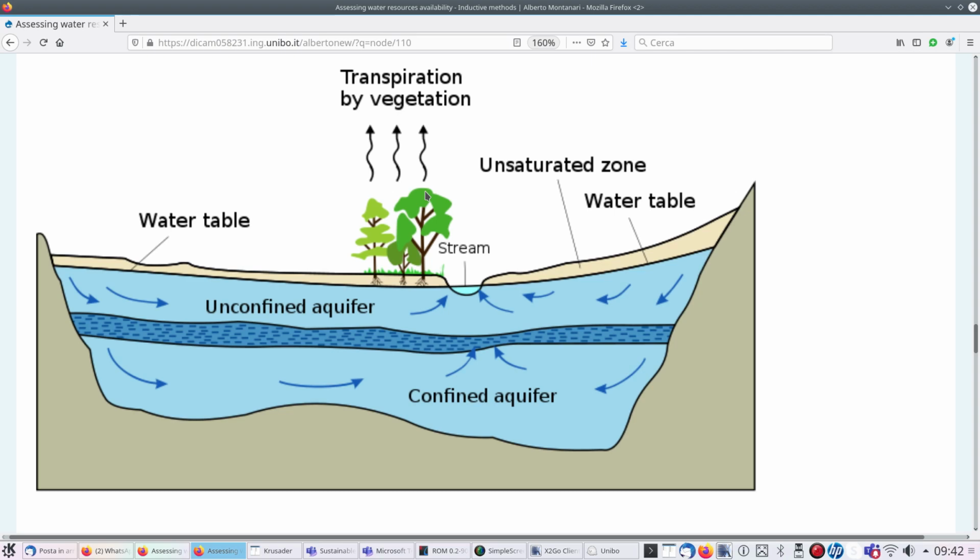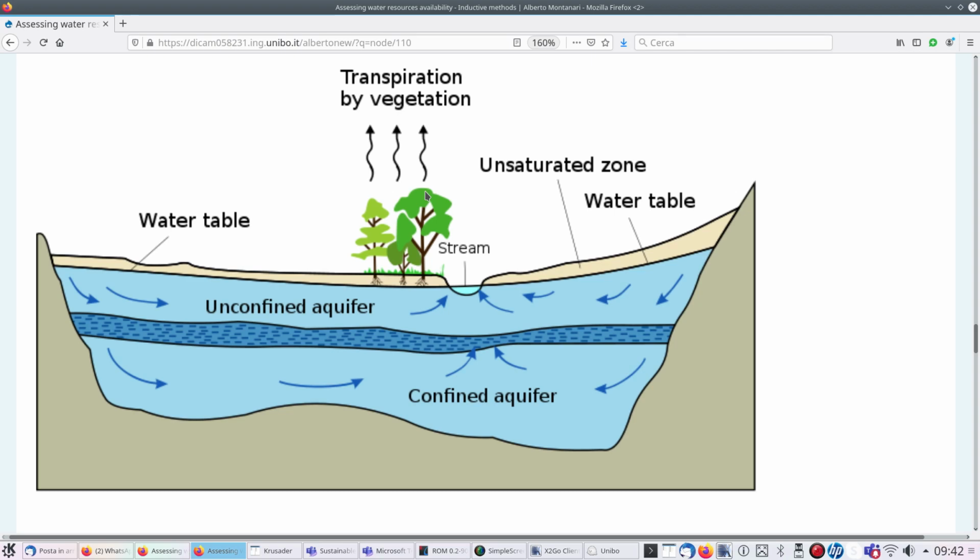What is porosity? Porosity, as you may already know, of a material is defined as the volume of voids divided by the total volume of the material. These voids can be filled by water. So the higher the porosity, the higher the potential water storage.